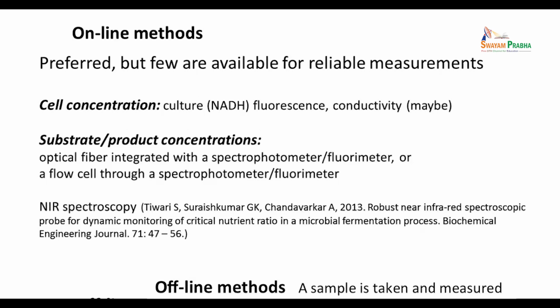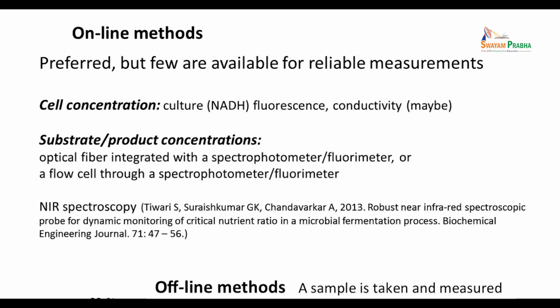I think it's about 2.5 to 5 millimolar. The substrate concentration needs to be measured and kept at a low level, and also the product concentration needs to be maintained at a certain level, otherwise it would become toxic. So, let us concentrate on the product here.